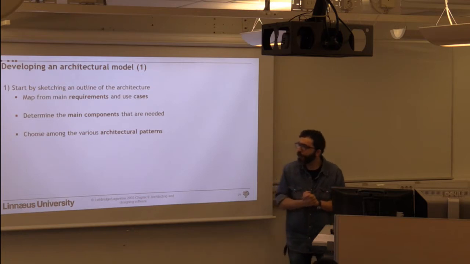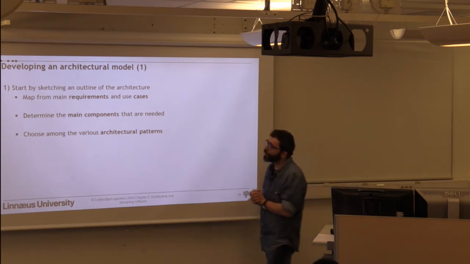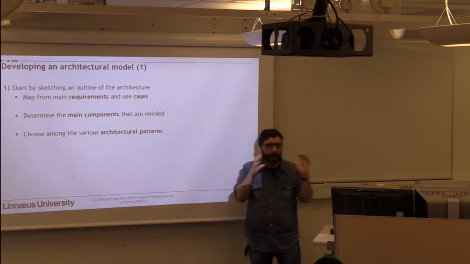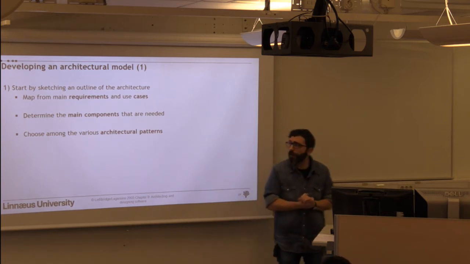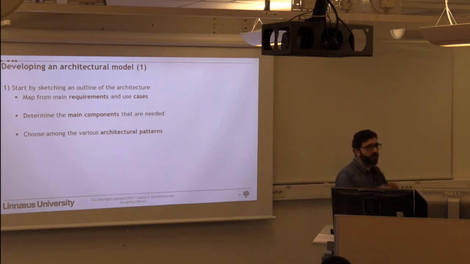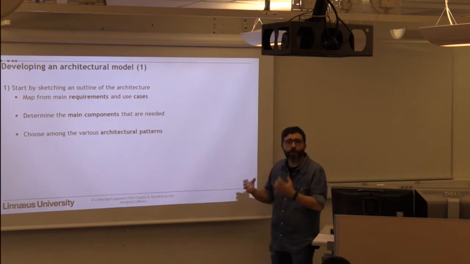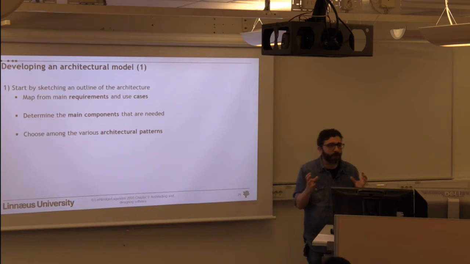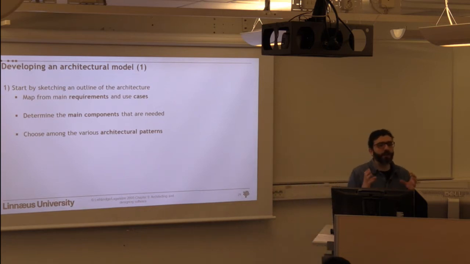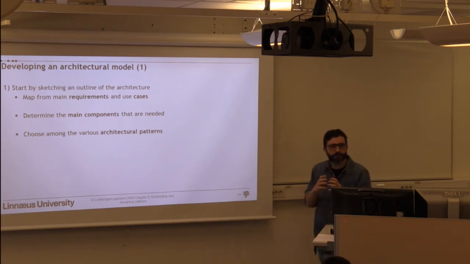Once you are able to map these functional requirements and the use cases to a given subsystem, then try to determine what the main components are. If you have a group of functionalities related to the user's management, then you can say, okay, I need one component or one subsystem providing all these functionalities.